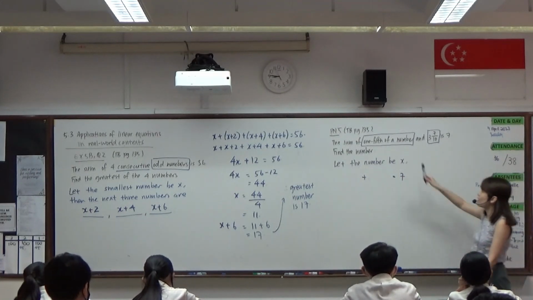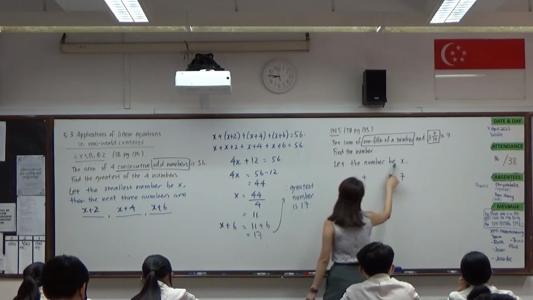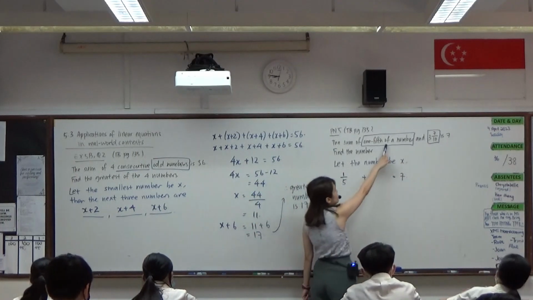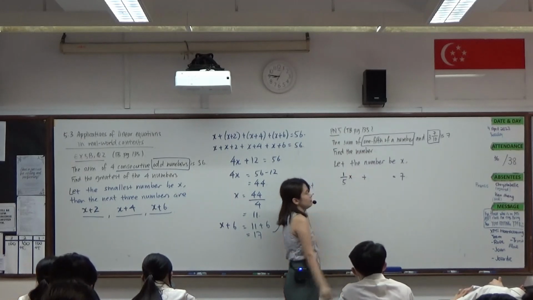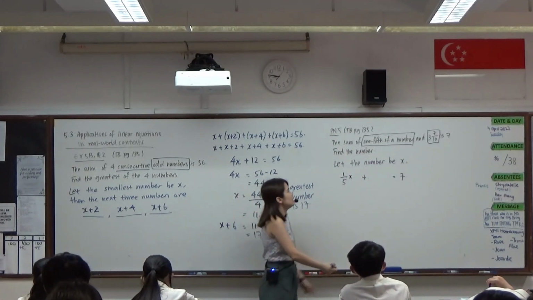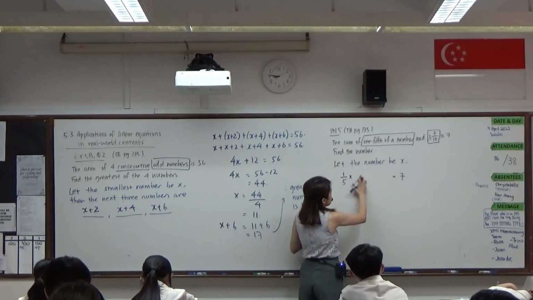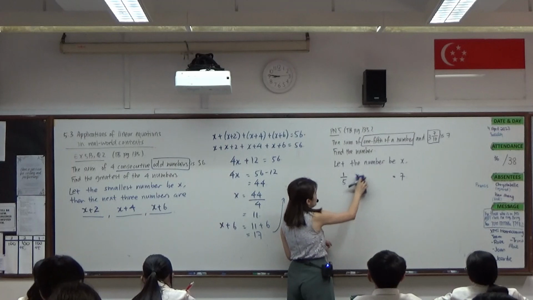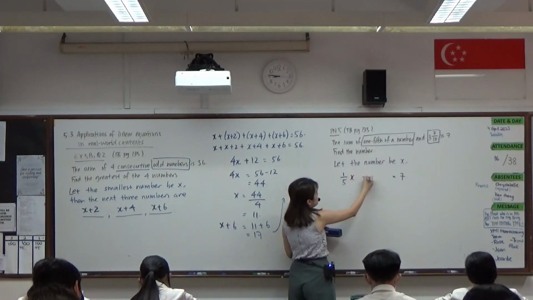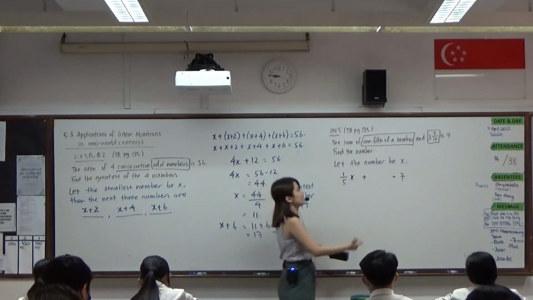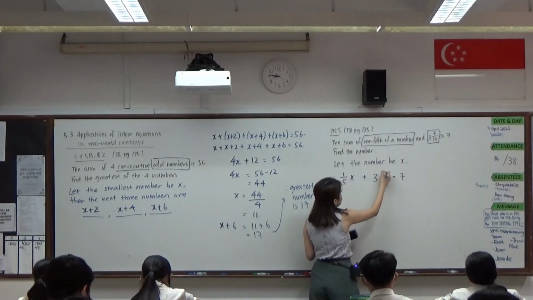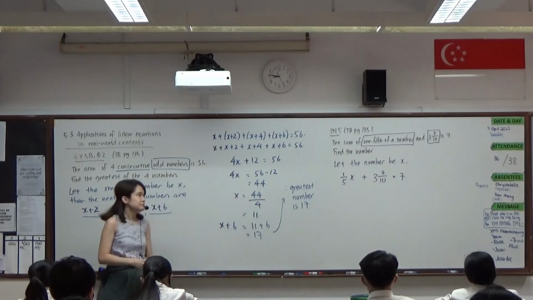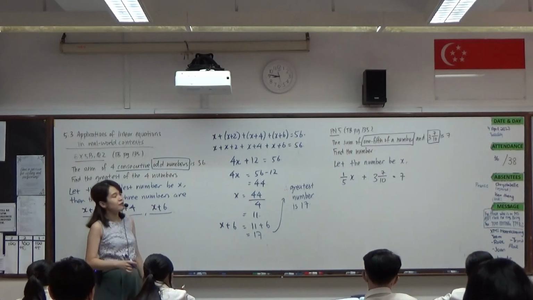So 1/5 of a number means 1/5. When you think of the word 'of', you can think of multiplication. If you want to, you can put the multiplication sign. The number is actually x, so 1/5 times x, but usually I can just write 1/5 x. So 1/5 x plus 3 and 7 over 10 equals 7. That is how we form the equation.